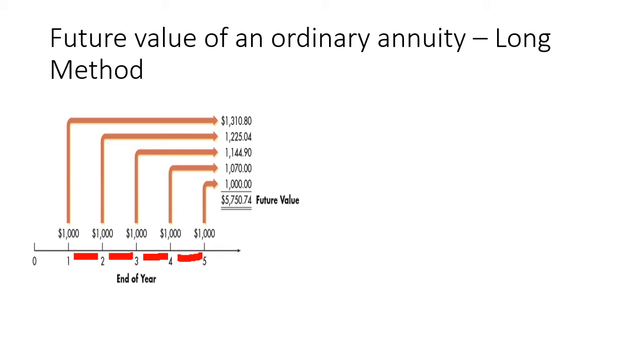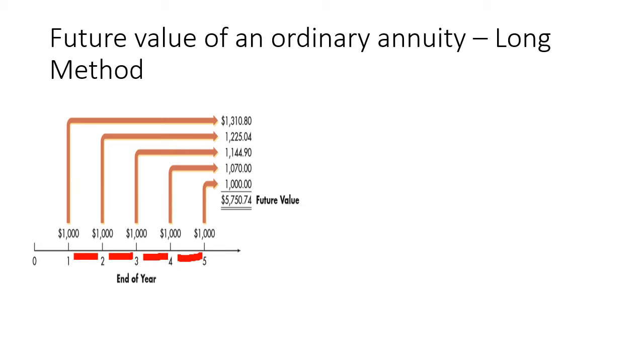So the first deposited amount will get interest over 4 years, the amount deposited at the end of year 2 will get interest over the next 3 years, and the third amount, deposited at the end of year 3, will get interest over the next 2 years.